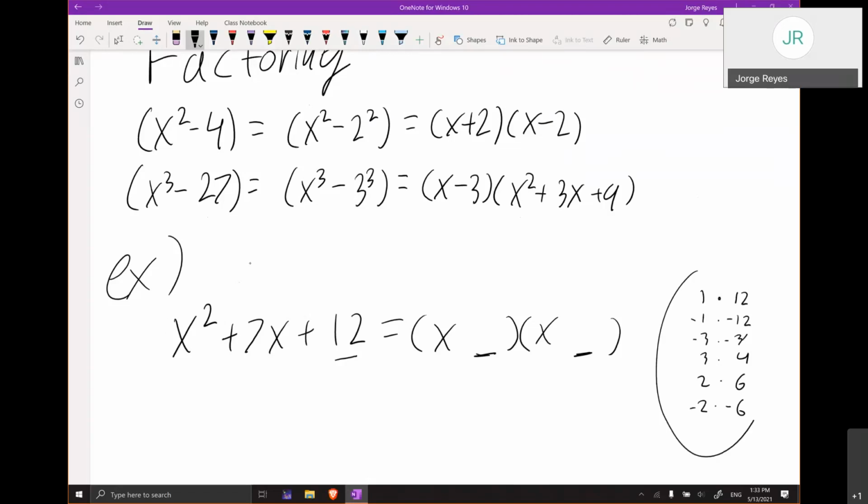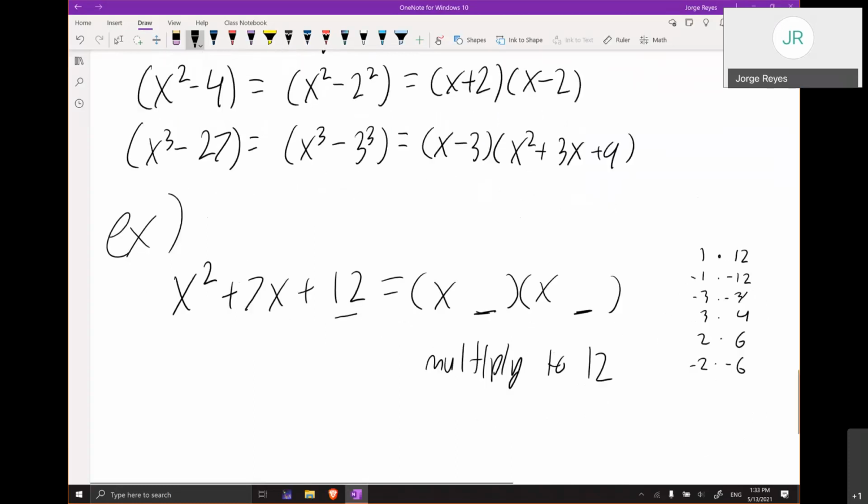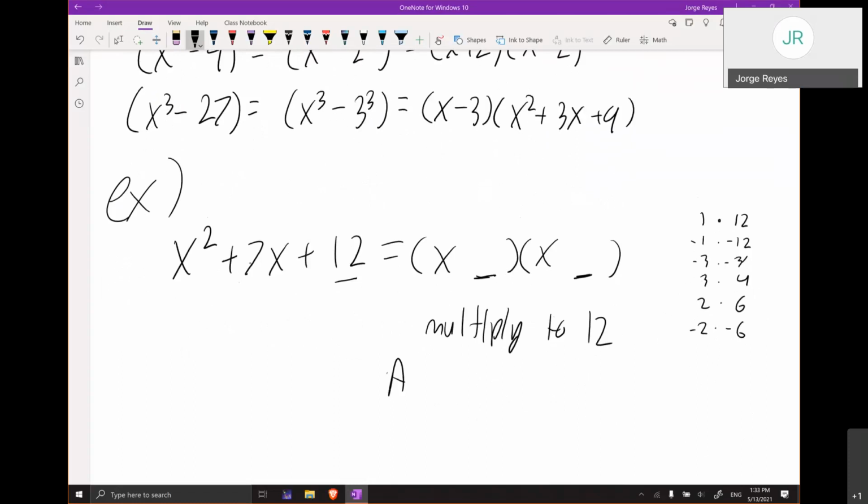You should think of all of these in your head. You want these two numbers to multiply to 12, and then here's the big deal, add to 7.